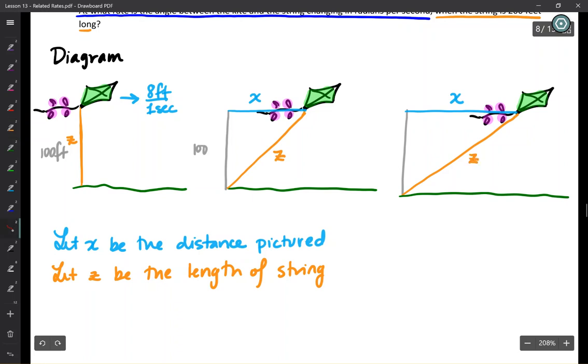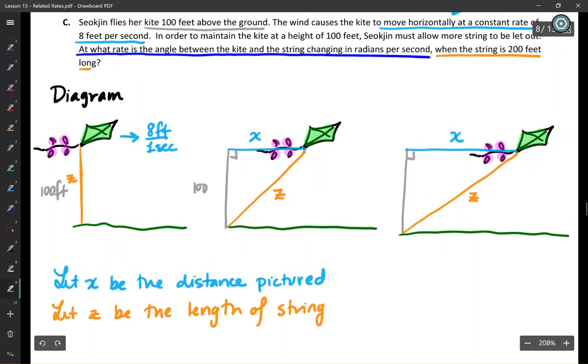So x, it is increasing. Its rate of change is going to be positive. Z is also increasing. That distance is getting longer and longer. And notice right here we've got a right triangle. And then we also need a letter for my angle. We're asked to find the rate at which the angle between the kite and the string is changing. So that's this angle right here.